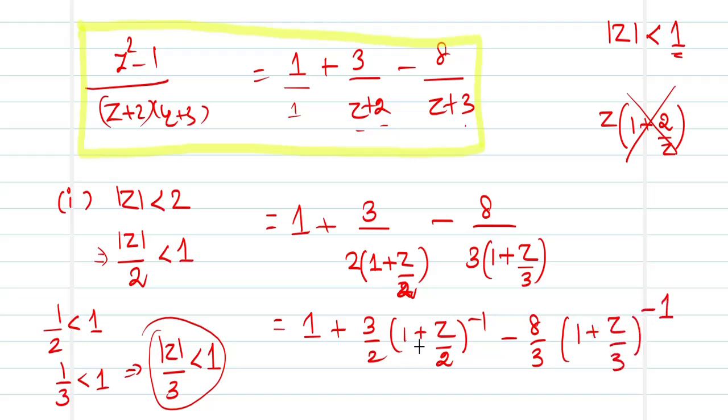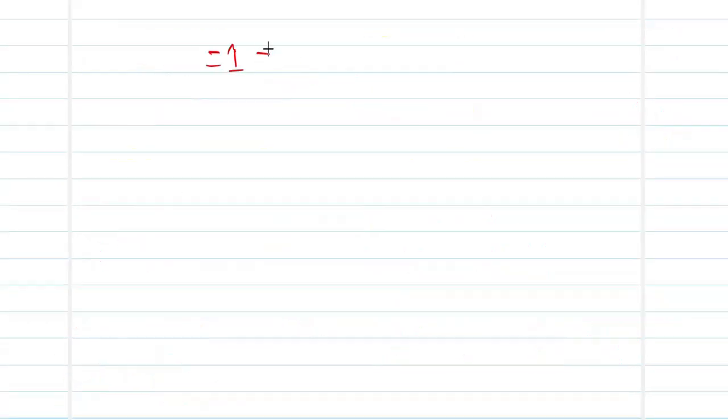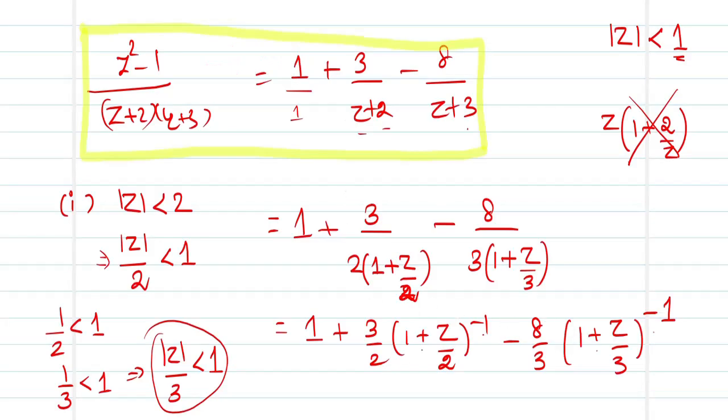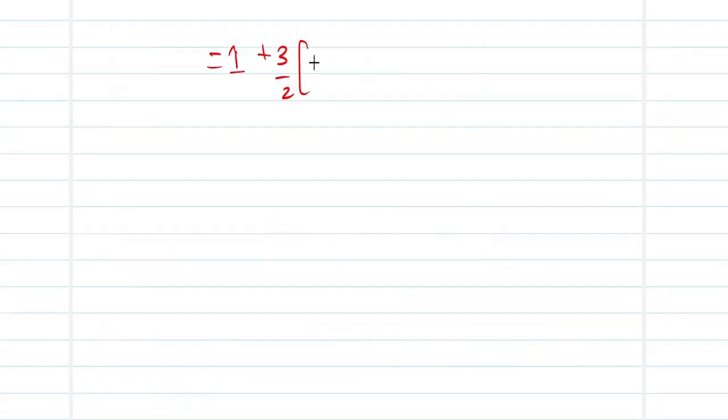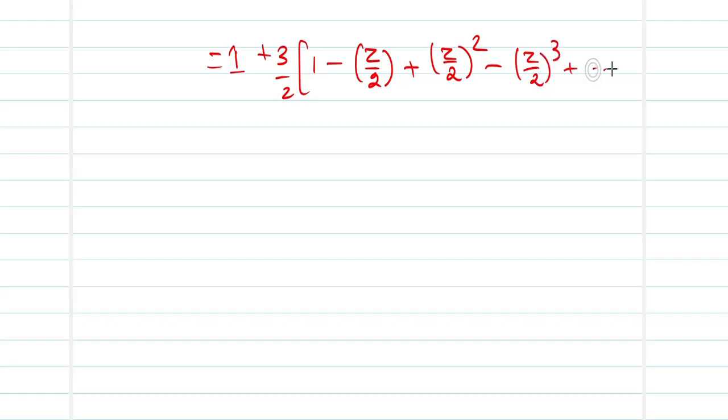Now we can see one term is positive, the other term is negative. So what will happen? I will have this as 1 plus 3 by 2 into the series which gets generated, which is 1 minus z by 2 plus z by 2 the whole square minus z by 2 the whole cube and so on.